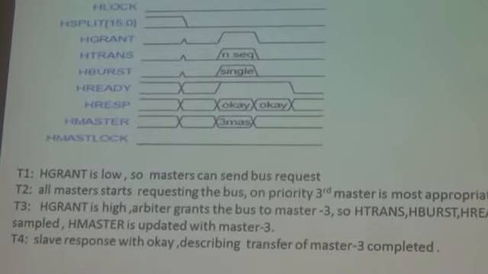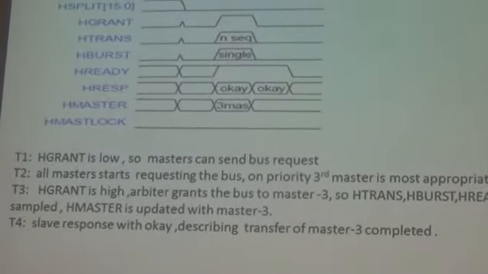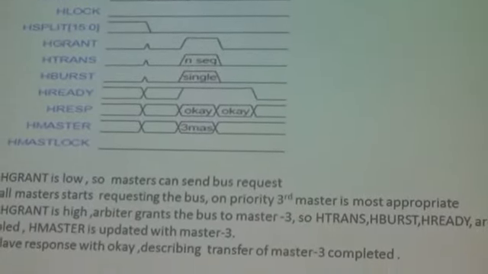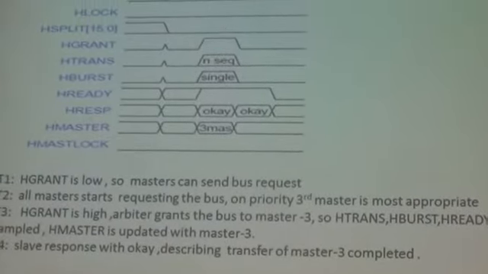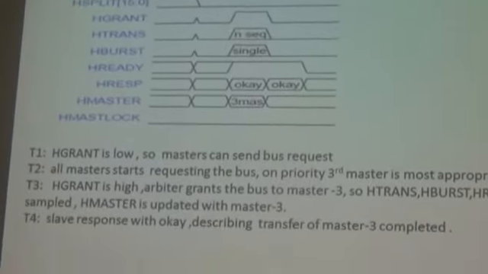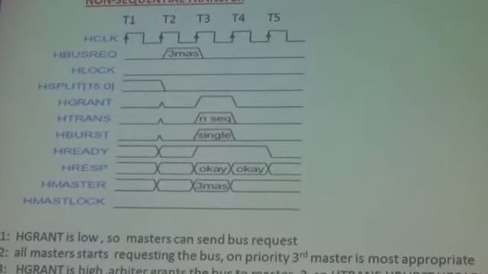In the T4 clock cycle, HRESP is OKAY. This HRESP OKAY indicates that the transfer of master 3 has completed. In this manner, the arbiter signals vary for a non-sequential transfer.